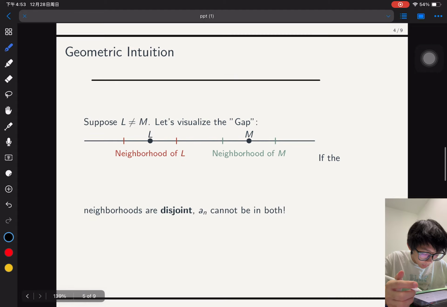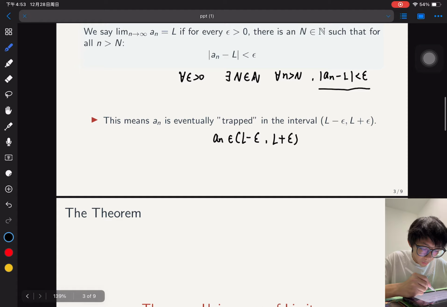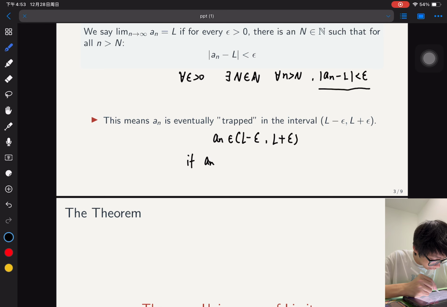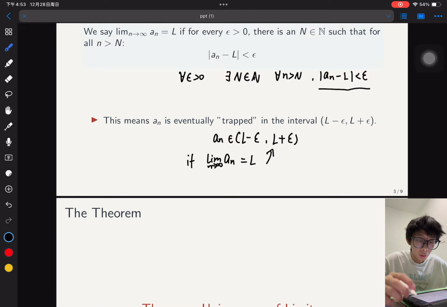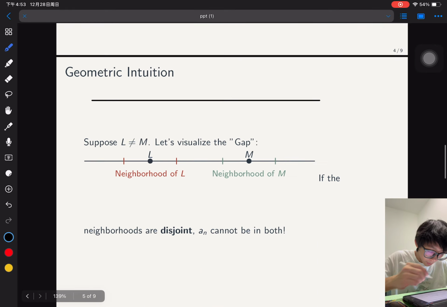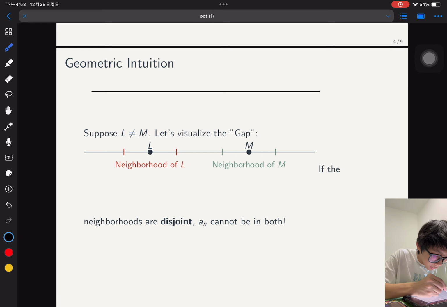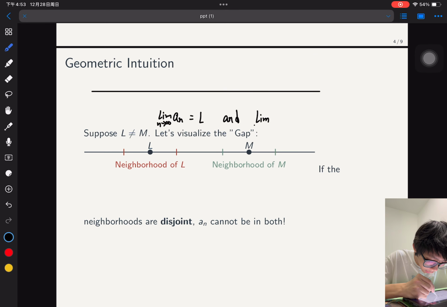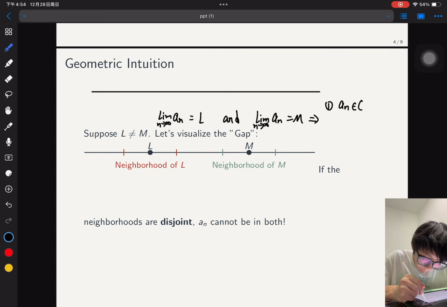We know a_n belongs to the interval if the sequence a_n converges to L. Because the limit of a_n is L and the limit of a_n is M, we know that, one, a_n is in the interval (L minus epsilon, L plus epsilon), and two, a_n belongs to (M minus epsilon, M plus epsilon).